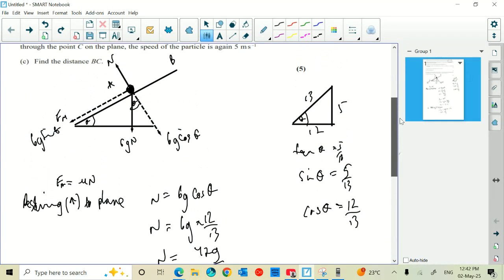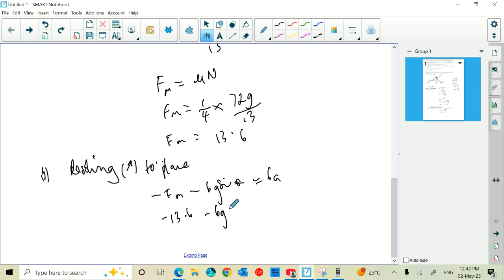Going back to our triangle, sine theta was 5 over 13, times 5 over 13, which is equal to 6a. So that gives me a. When you deal with all of that on your calculator, you'll get the answer of a is equal to minus 6.03 to 3 sig fig.